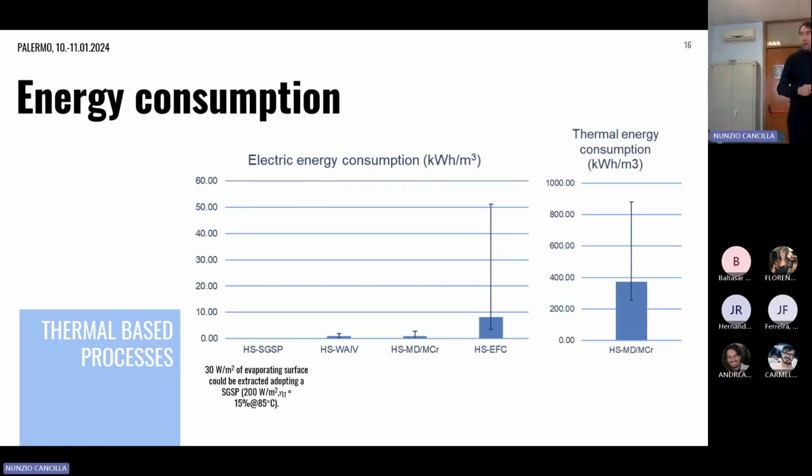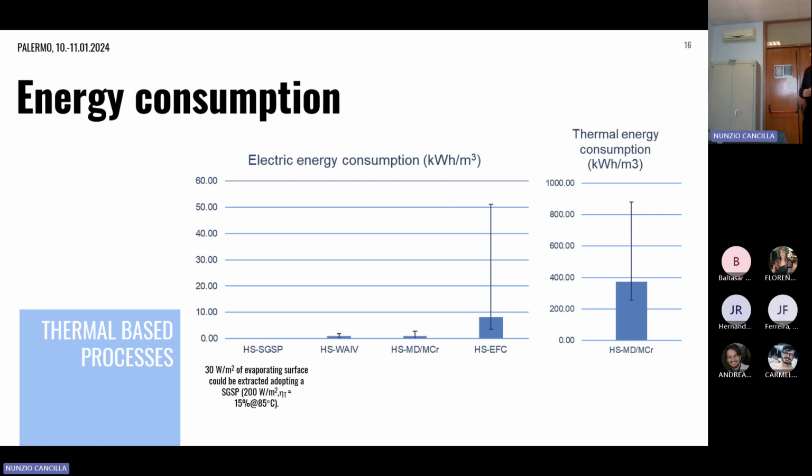If we look at the energy consumption, there are data. These error bars say a lot about the different data that you can come across in the literature.